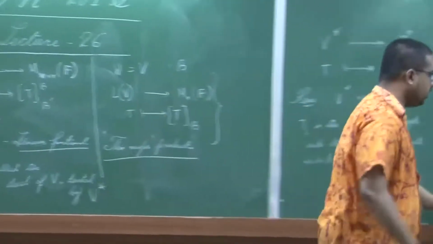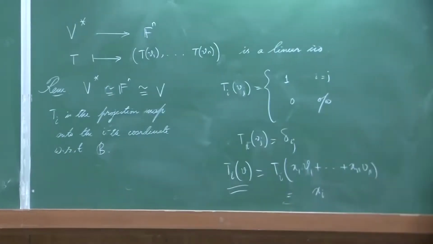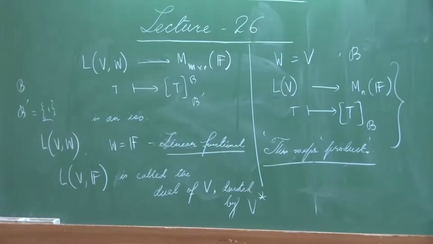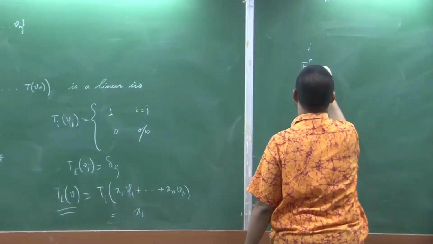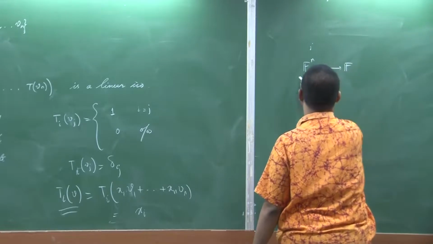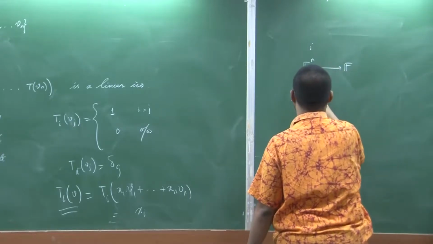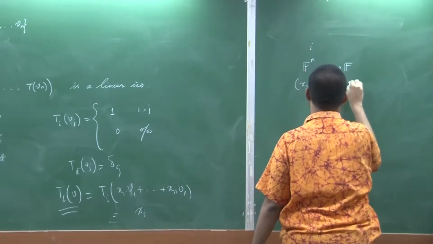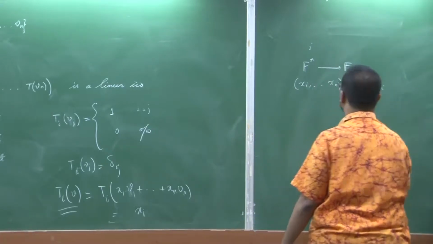And what are the examples of linear functionals? Then we will come back to this. For example, fix an i, so Fn to F, this we have already seen, sending a vector to its ith coordinate, okay.